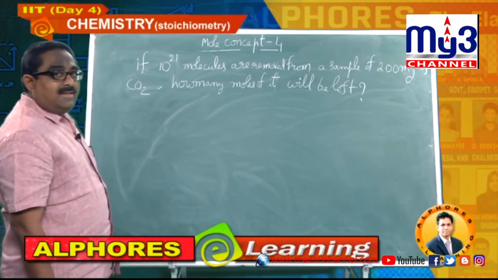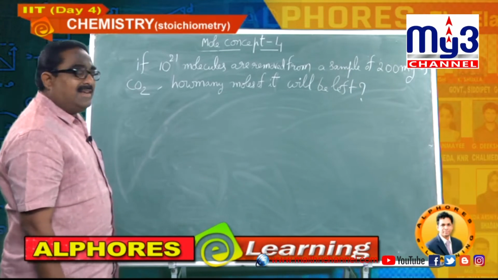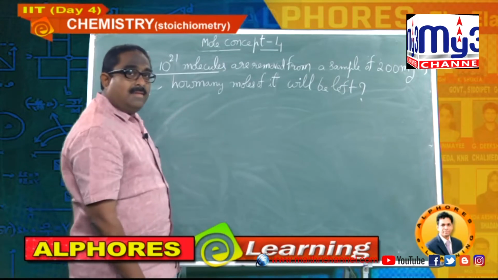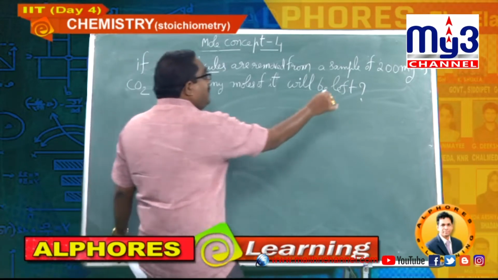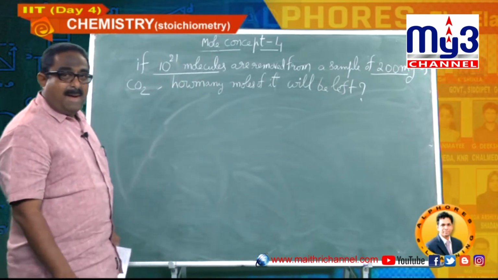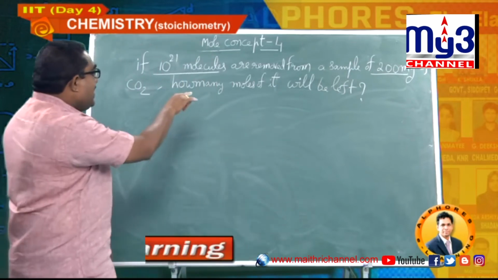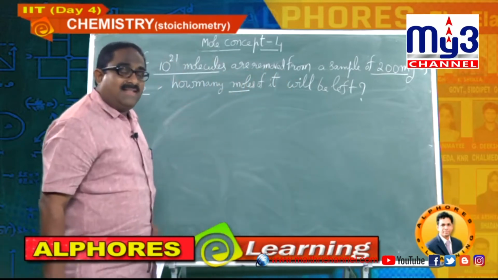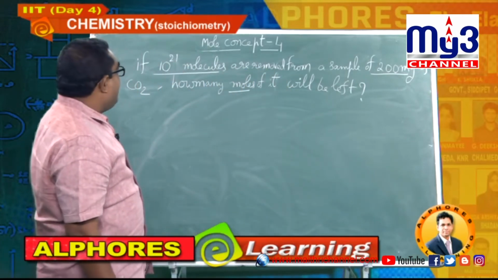See the beauty of the question here. He has removed molecules from a sample, whose weight he has given as 200 milligrams of carbon dioxide, and now he is asking you to calculate the moles of the same substance that are left after the removal.